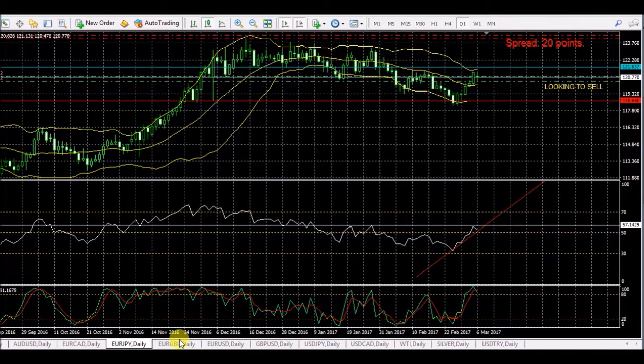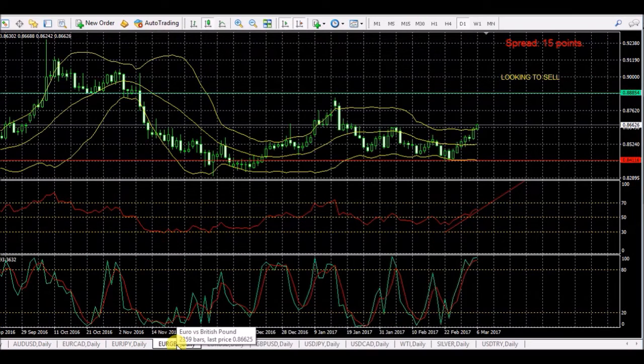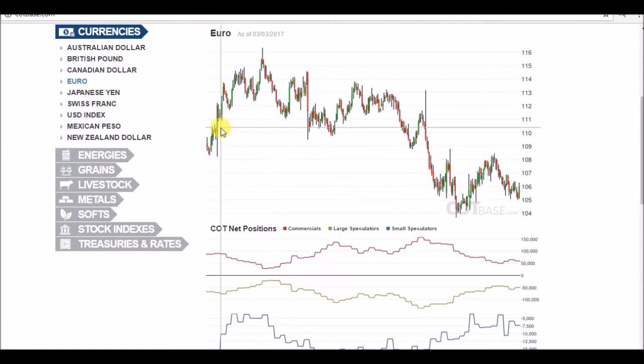So yeah, Euro GBP. Okay, so we're looking from the commitment of traders. We're looking short on the euro, and if we go back, this is another one that doesn't work very well on the graph.